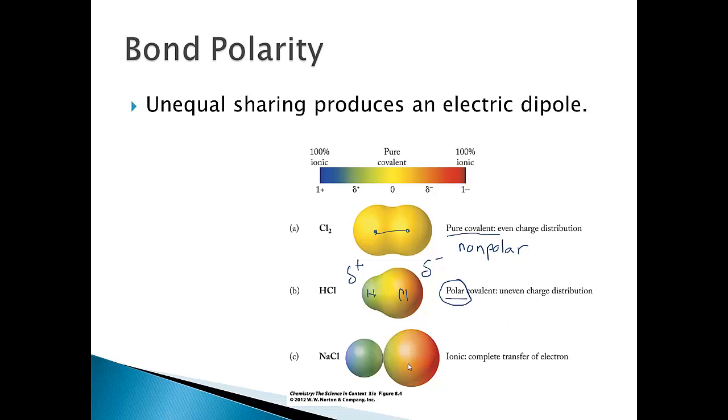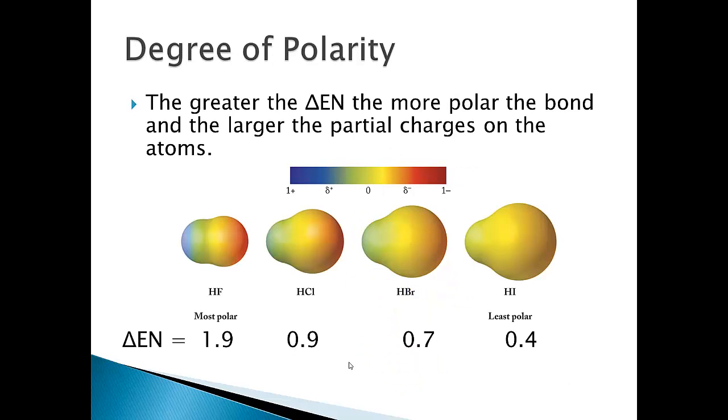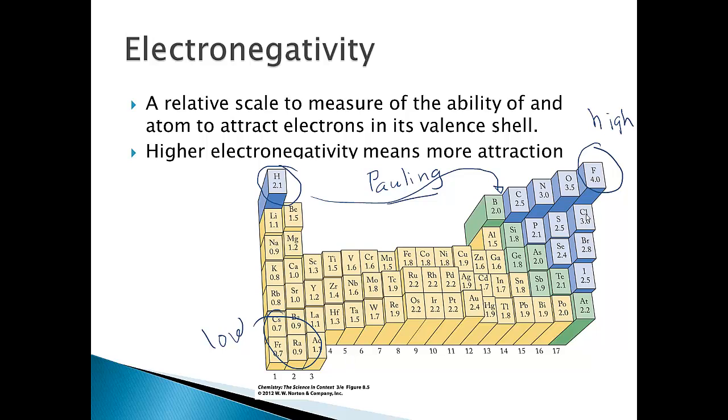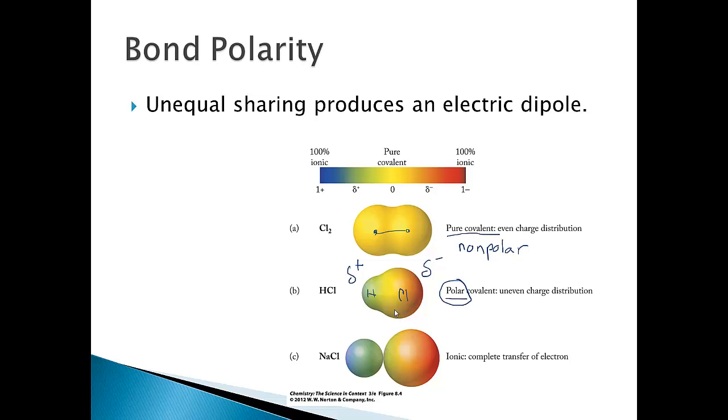Now you might imagine that we have two atoms that have a really big difference in electronegativity, like sodium chloride. Again, chlorine has an electronegativity of 3, and sodium has an electronegativity of 0.9. So there's a big difference in electronegativities there, and what happens is the electron spends essentially all of its time buzzing around the chlorine, and very rarely is there enough pull on that sodium atom for that electron to spend much time around it.